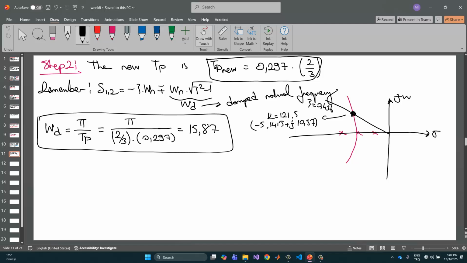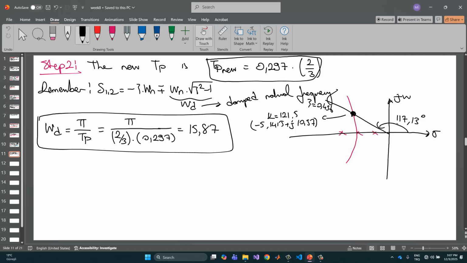But how can we do that? By changing k. Yes, and also we use this geometry. From the geometrical calculation, this angle is equal to 113 degrees. Just use the geometrical, Pythagorean and angle rules in here.